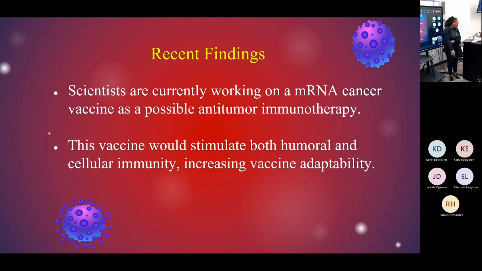So as of 2022, scientists are currently developing an mRNA cancer vaccine, and they're hoping to use it as a possible anti-tumor immunotherapeutic option. And with this vaccine, they hope that it's going to stimulate both humoral and cellular immunity and help increase vaccine adaptability for different patients and different diseases.